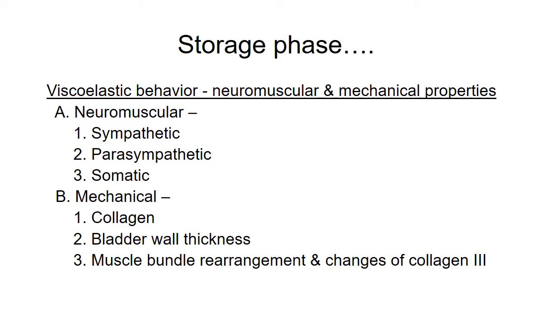During filling, the bladder reorganizes and muscle bundles shift position from a top-to-bottom to a side-to-side configuration. The type 3 collagen, which connects the muscles orthogonally, becomes extended, longer and taut and gets oriented parallel to the lumen. So, the bladder wall gets thinned during filling.